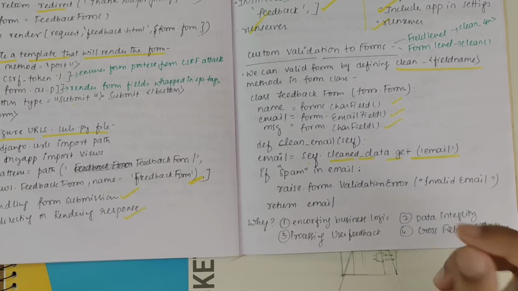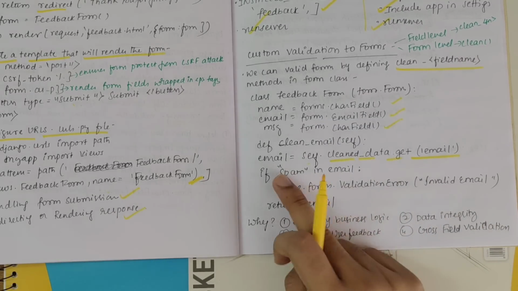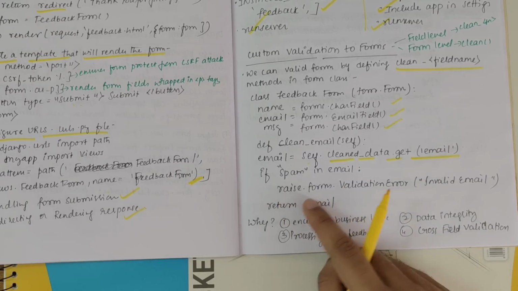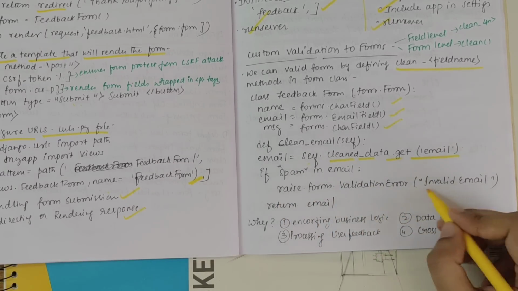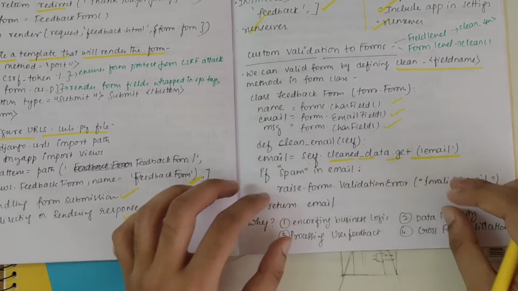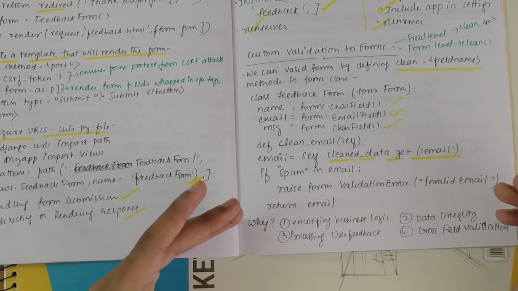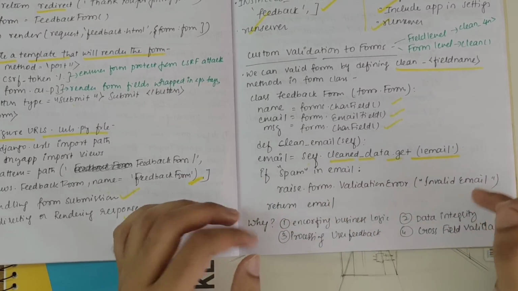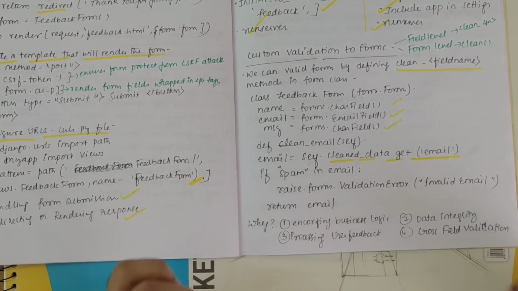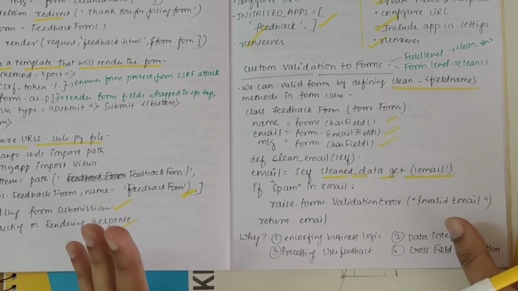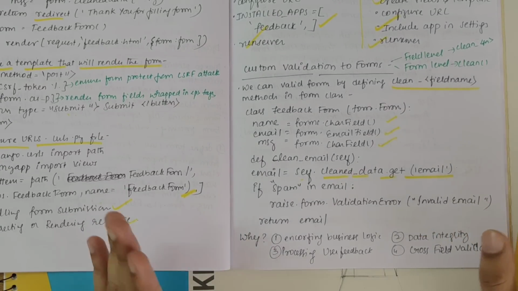If it is clean, then I return the email. Else, if spam is in the email, then I raise forms.ValidationError, invalid email. So I raise a validation error at this part, and invalid email would be printed here. This was how we can custom validate using the field level.